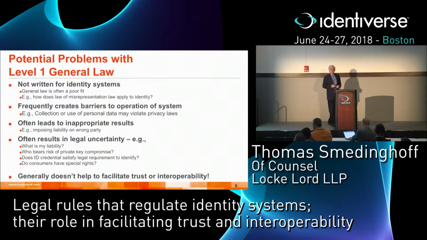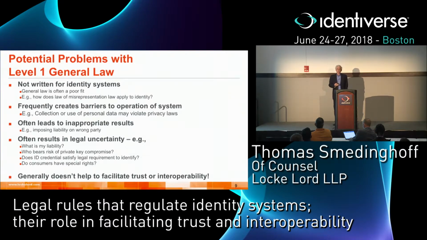The law of misrepresentation is a good example. Literally 20 years ago, we did a huge study looking at all the state laws and their applicability basically to identity systems. One of the laws we looked at was the law of negligent misrepresentation. When am I liable for an identity assertion that is incorrect? You would be amazed to know the states are not consistent on this issue at all.